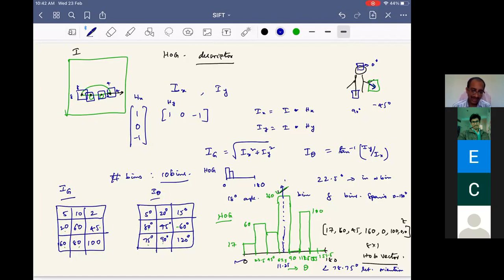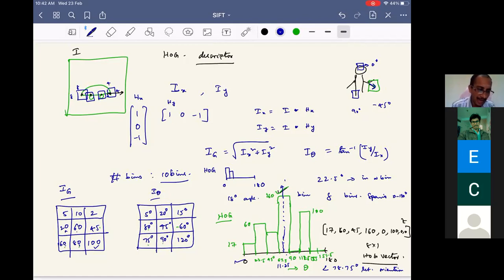But if you see a 90 degrees edge, it's only a single edge, or probably here also 3 have fallen into that, but those 3 have high gradient values. So the dominant orientation is decided by the strength of the gradient magnitude and the angles together. Hope you understand.